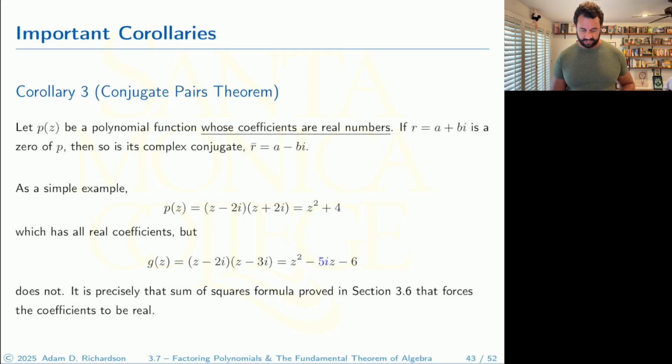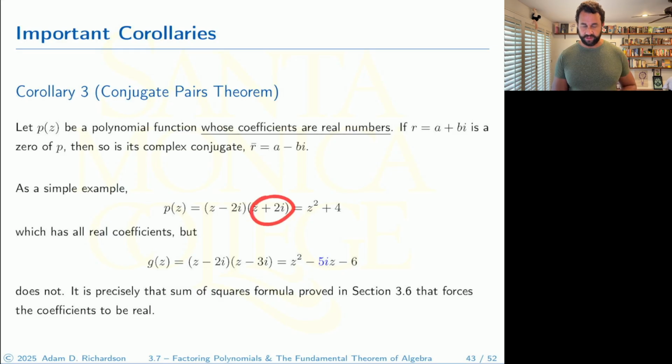So let's look at a simple example, right? Here, look at this polynomial that I gave in factored form to start: z minus 2i times z plus 2i. Multiply that out, you get z squared plus 4, okay? So z squared plus 4, the coefficients are all real numbers. And by the fundamental theorem of algebra, it has at least one complex zero, at least one complex root, right?